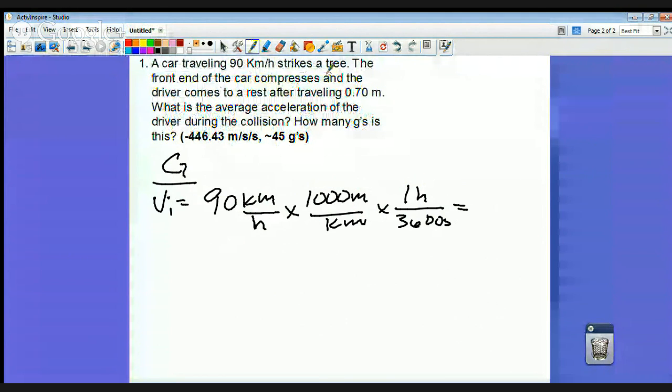They also tell you that it compresses while it's traveling 0.7 meters. So the change in position is 0.7 meters. Since it's stopping, we know that Vf is going to be 0.